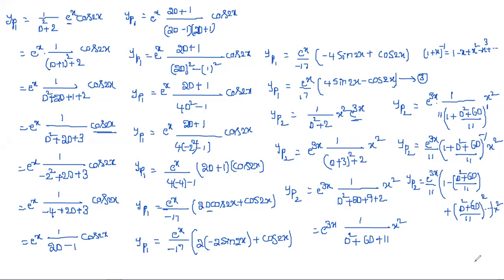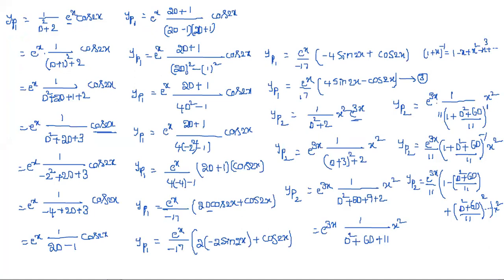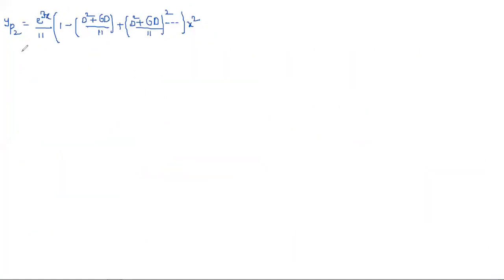Now we need to simplify this one. So yp2 is equal to e power 3x by 11 into 1, and there what we wrote, minus of (D square plus 6D) by 11, plus ((D square plus 6D) by 11) whole square, minus and so on, into x square. So what we wrote there, I only wrote again. Now we need to simplify this one.